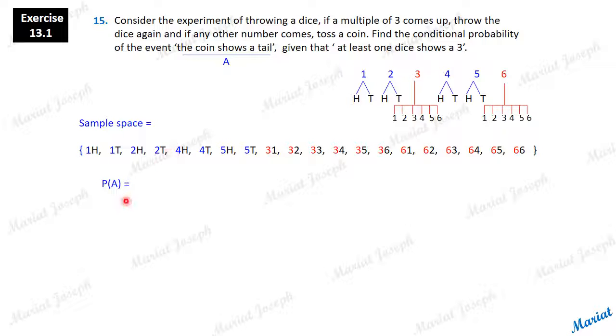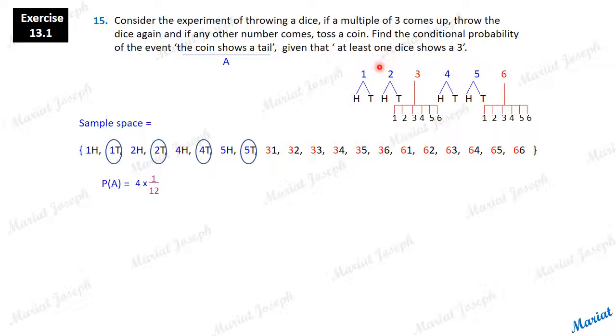So probability of A will be probability of 1T plus probability of 2T plus probability of 4T plus probability of 5T. We already calculated the probability of 1T to be 1 by 12, here also 1 by 12. So basically 1 by 12 plus 1 by 12 plus 1 by 12 plus 1 by 12 is 4 times 1 by 12. That's the probability of A.